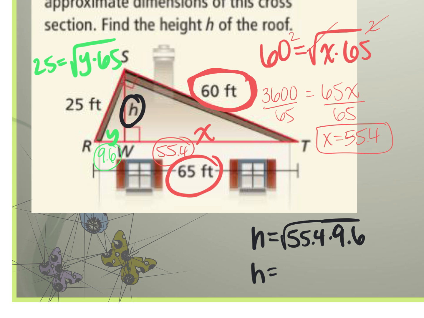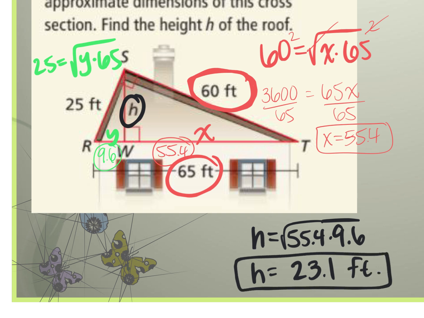Let's see what we get. You should get about 531.84, and then take the square root of that. 23.1. What units? Feet.